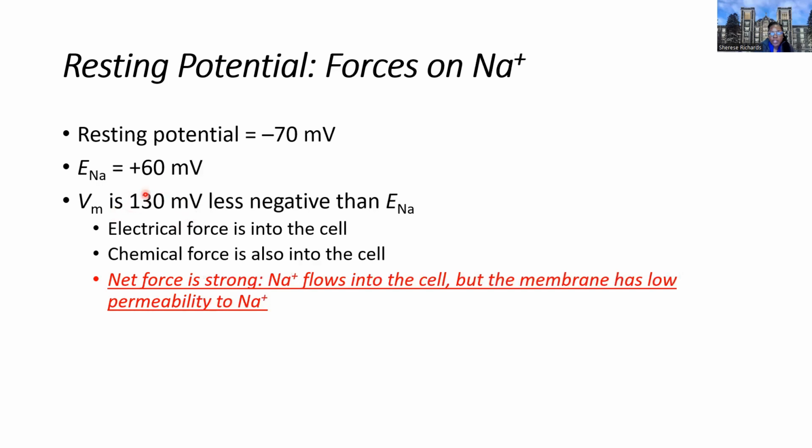Combining these two values gives us the absolute value, which is 130, and the overall direction is in the direction of both forces, into the cell. So now we have a strong force moving sodium into the cell, but we have fewer channels, or a lower permeability for sodium.